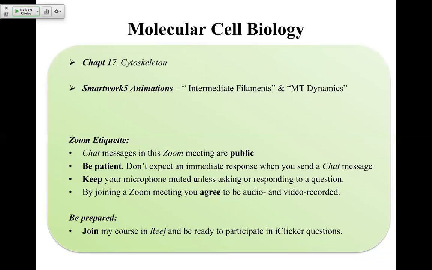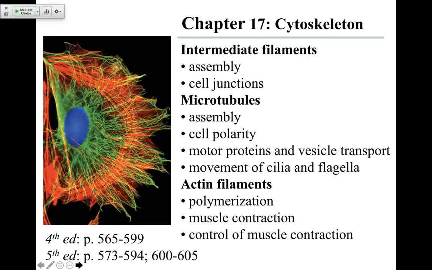So today, starting with something new, make sure that you have signed into your Reef account, that you have joined our course, and we will look at different components of the cytoskeleton. We actually see examples of a couple of these three different categories of cytoskeleton, and we'll look at each of them in order.